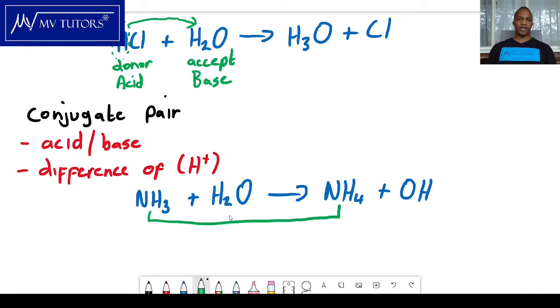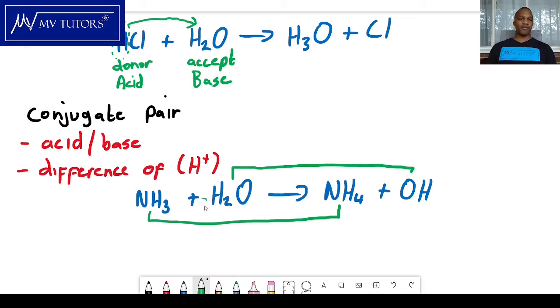Okay, and the difference between these two is just an H. This N has 3 H's, this N has 4 H's. And then the other pair is H2O and OH. This O has 2 H's, this O has 1 H, so these are pairs. The difference between them is an H.